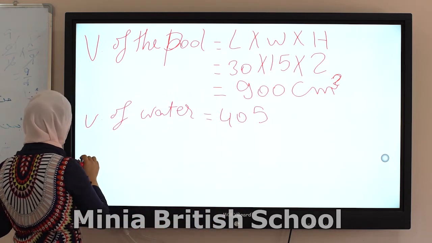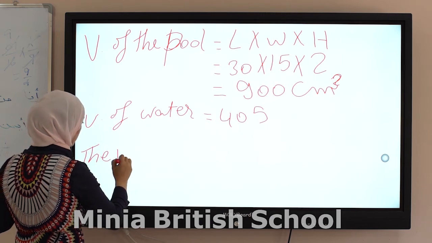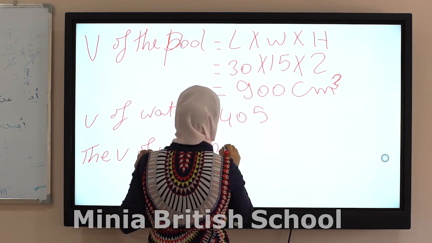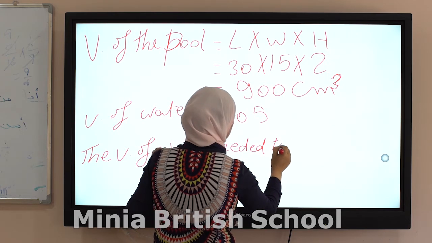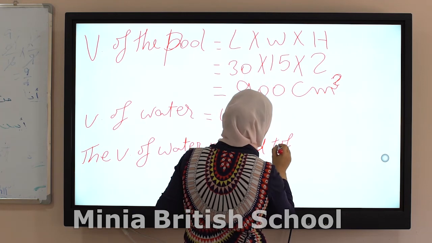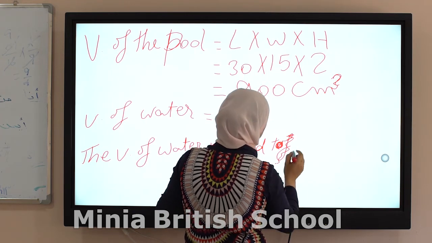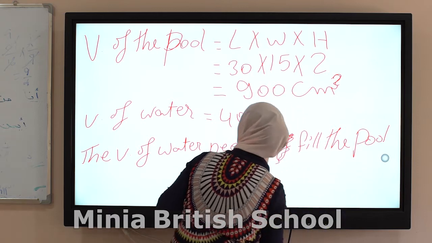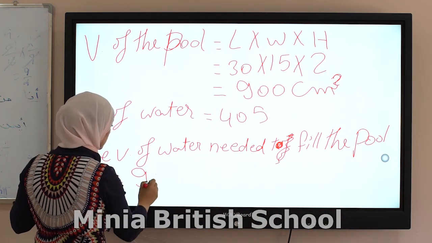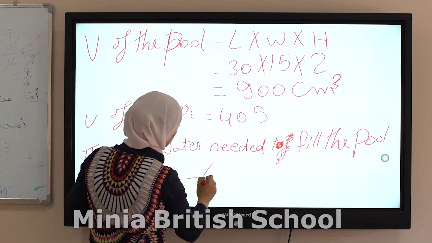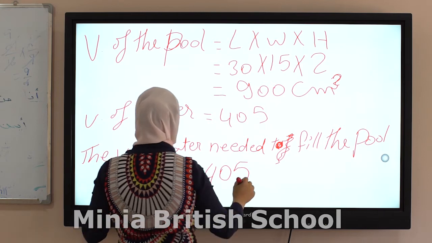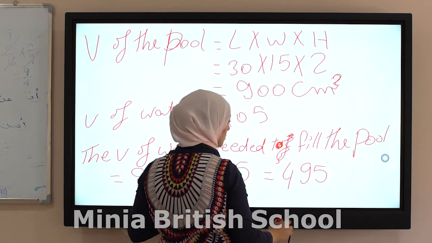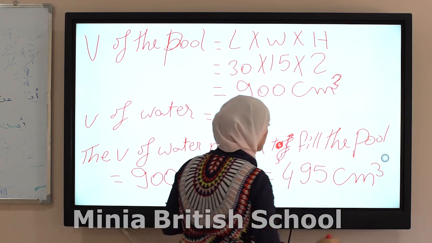So here, the volume of water needed to fill the pool equals 900 minus 405, equals 495, yes, cubic centimeter.